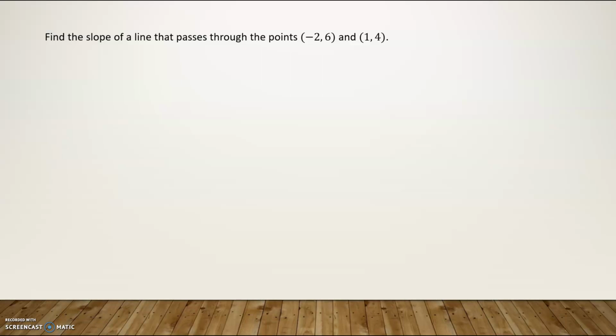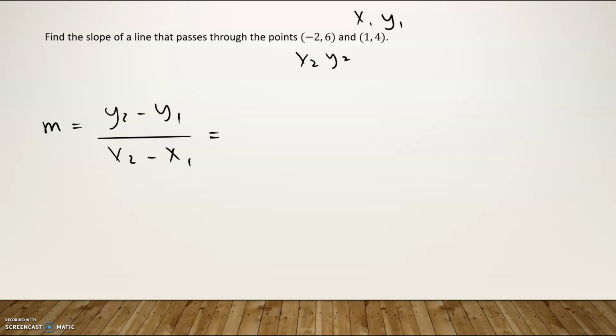Okay. So let's find the slope of a line that passes through these 2 points. Now I could say that this is x sub 1, y sub 1, and this is x sub 2, y sub 2. Or I could switch it. I could say that this is x sub 2, y sub 2, this is x sub 1, y sub 1, and it's not going to change the value of my slope. Okay, so if we just keep it like that, m is equal to y sub 2 minus y sub 1 over x sub 2 minus x sub 1.